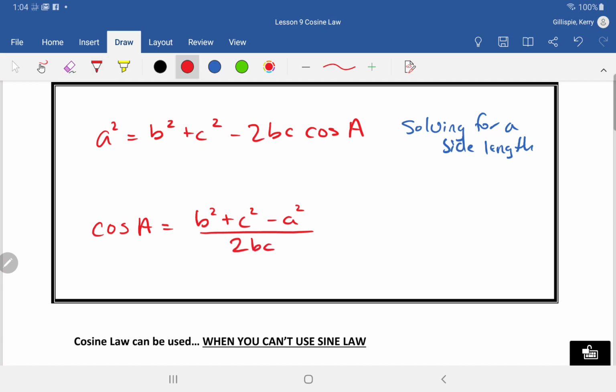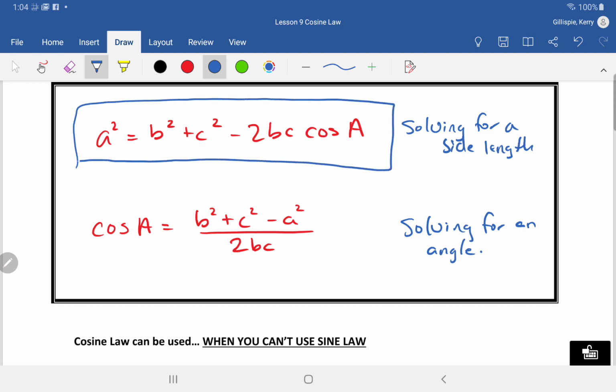And it's cos A equals B squared plus C squared minus A squared, all divided by 2 times B and C. And this is solving for an angle. All right, so we are going to choose the formulas that we want to work with to solve a couple questions. So we've got this formula and this formula.